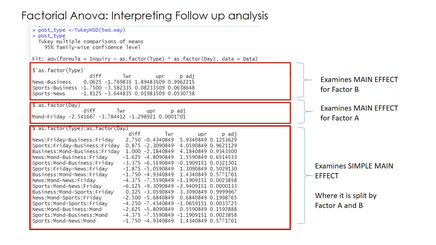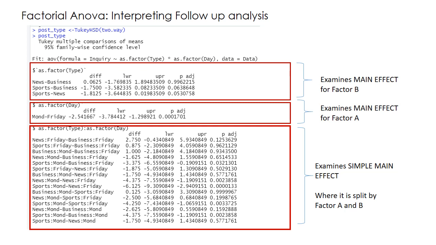On the Friday level, it's comparing the mean of inquiries after the news with the inquiries they get after business. The second one is sports on Friday and business on Friday. So on the same Friday, you are comparing the number of inquiries received after sports and after the business program.